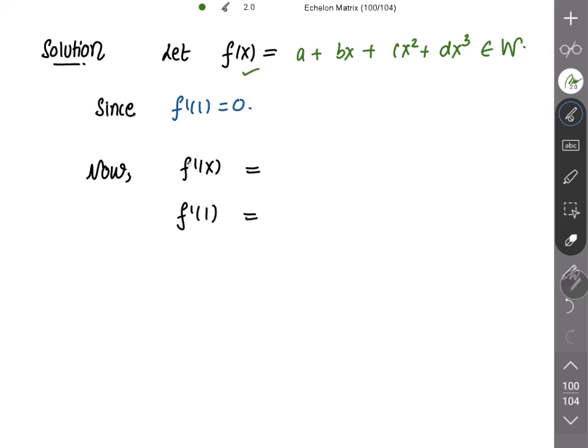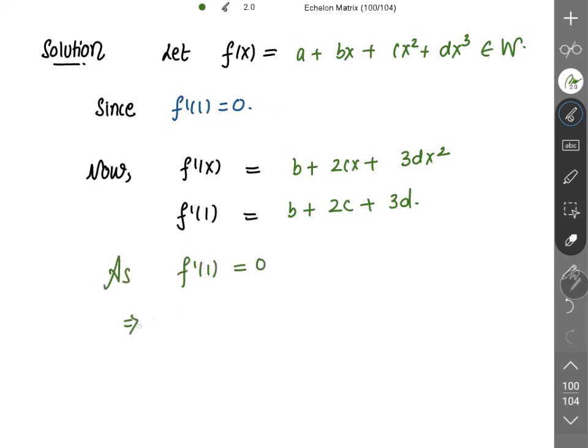So f'(x) is b plus 2cx plus 3dx square. Putting x equal to 1, we get b plus 2c plus 3d. Because f'(1) is 0, b plus 2c plus 3d is equal to 0, and from here b is negative of (2c plus 3d).